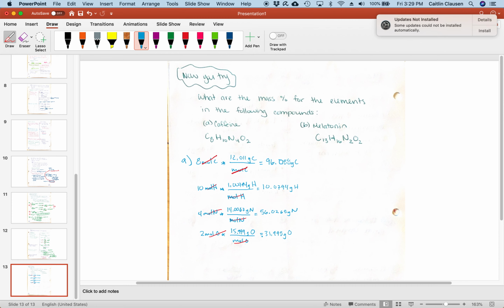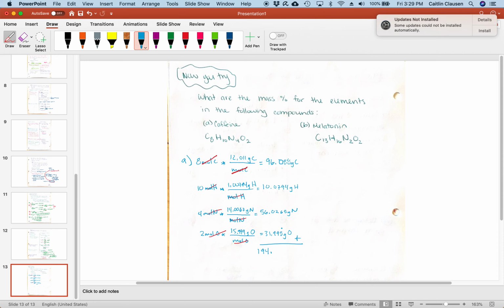Step 2, so this is step 1. Step 2 is I add all this up. And I get 194 point.